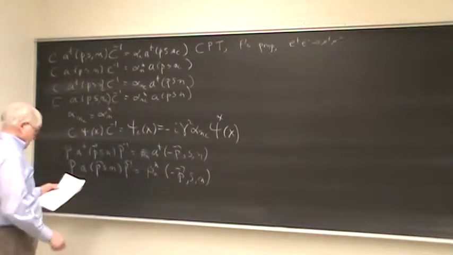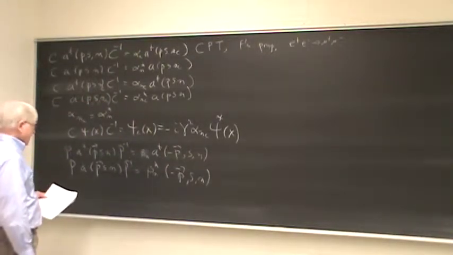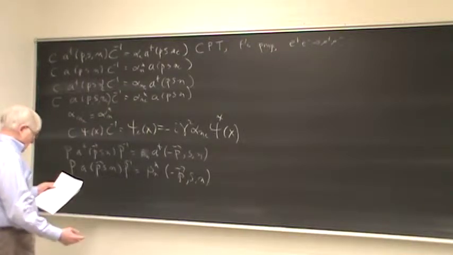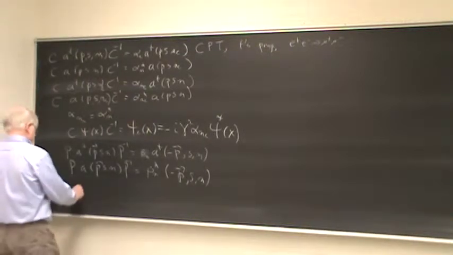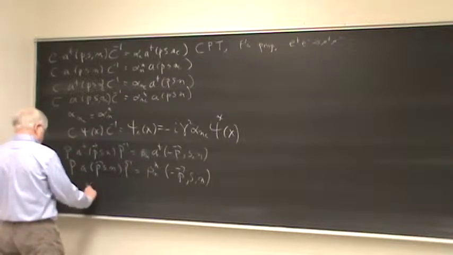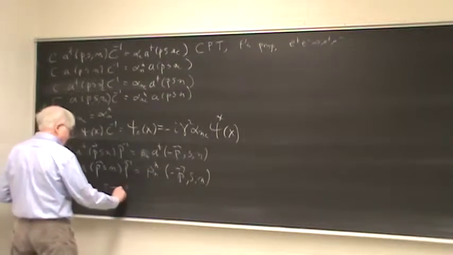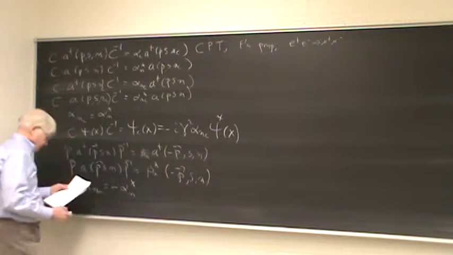And then for the antiparticles, we have the same thing with just n replaced by n^c. And the rule then is that alpha n^c has to be minus alpha n star.